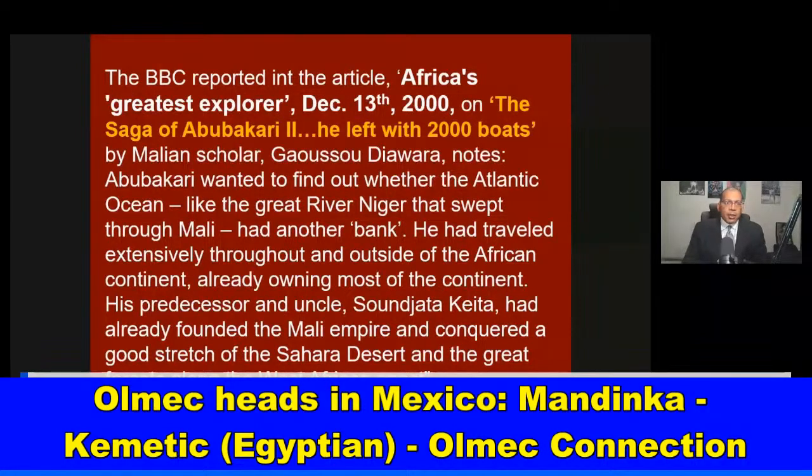Malian scholar Gaoussou Diawara notes Abu Bakr wanted to find out whether the Atlantic Ocean, like the great river Niger that swept through Mali, had another bank. He had traveled extensively throughout and outside of the African continent, already owning most of the continent.